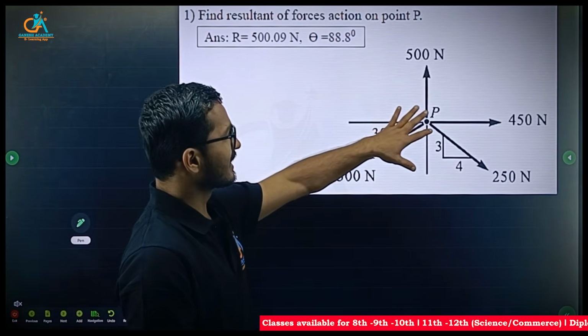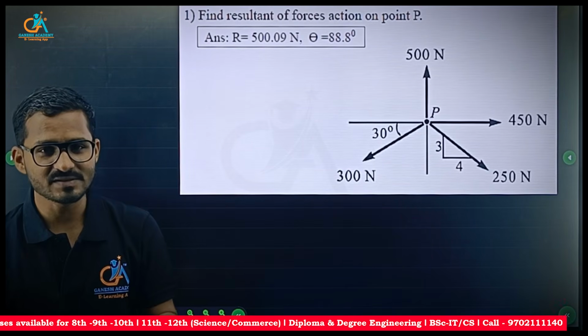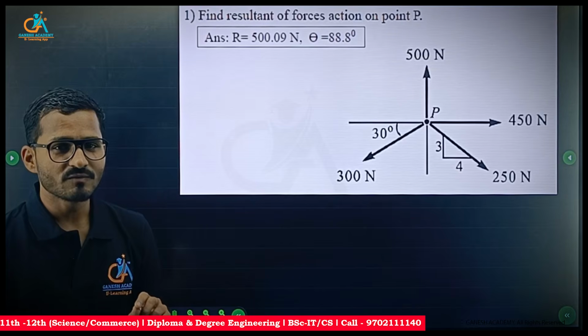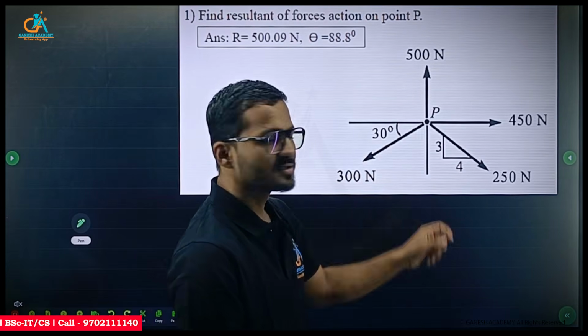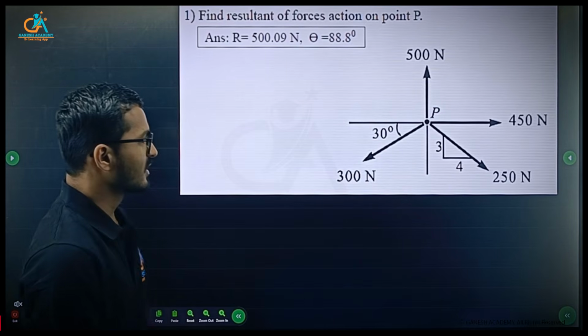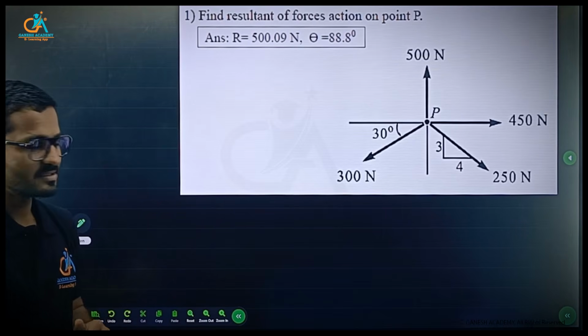तो यहाँ पे हमें फाइंड करना है रिजल्टेंट ऑफ द फोर्स सिस्टम. That simply means the equivalent single load which will produce the same effect as these four forces combined, right? तो इसको हम सॉल्व करेंगे by using the conditions.